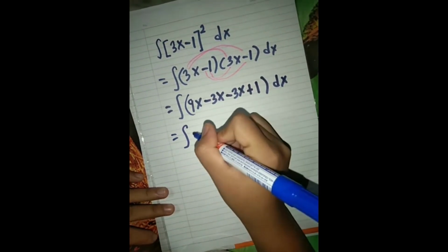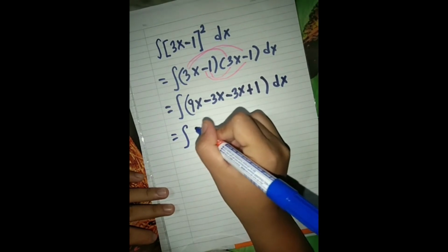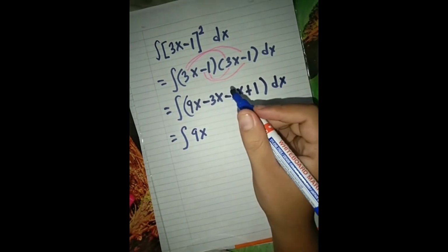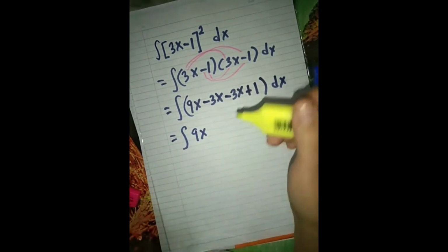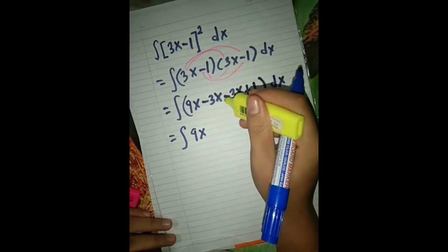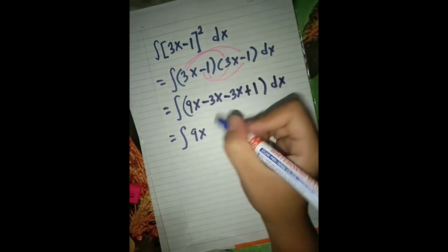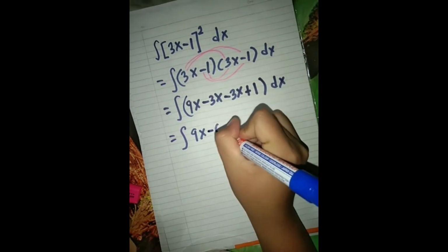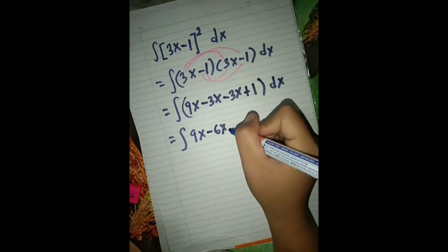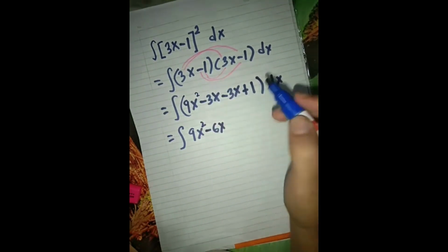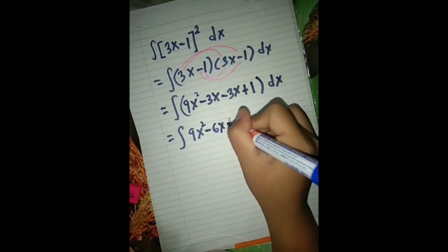We solve it, then we get 9x squared, negative 3x minus 3x, we get negative 6x, and then plus 1.